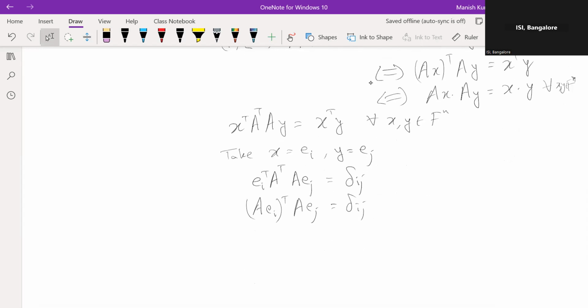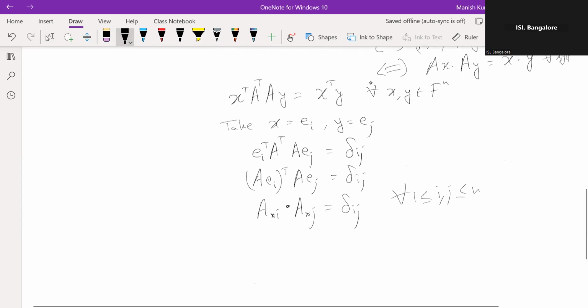So this is A star i dot A star j, which is delta ij for all i, j between 1 and n.